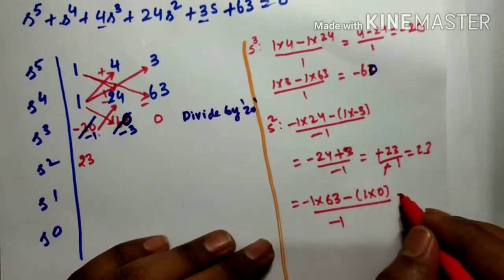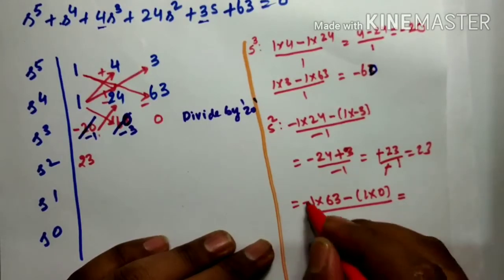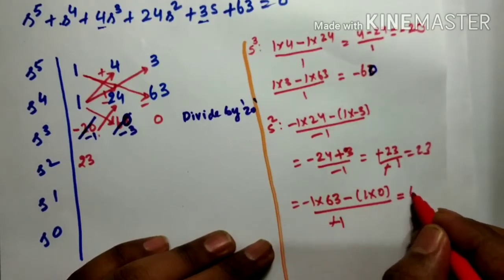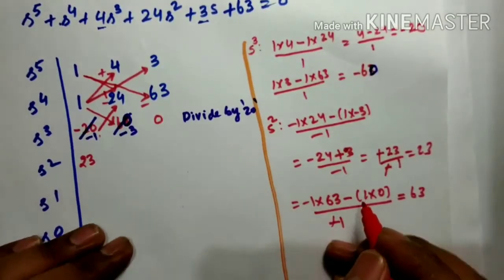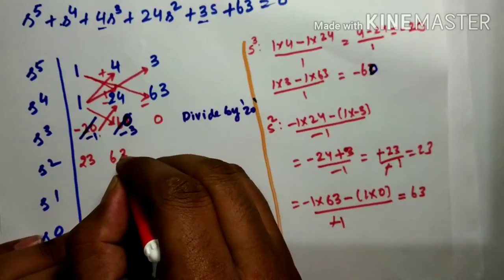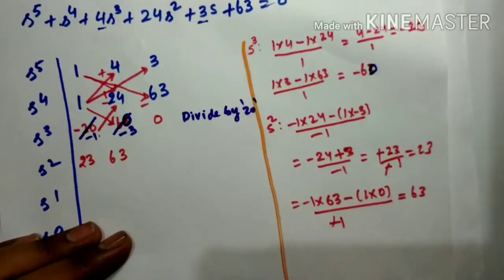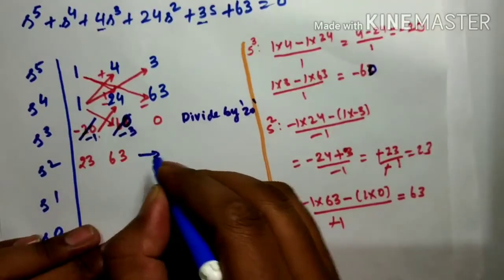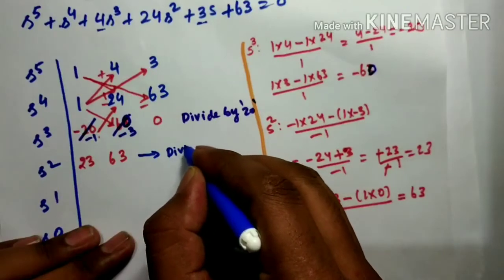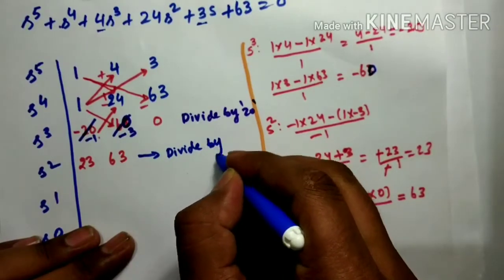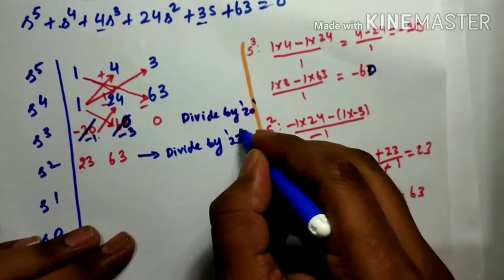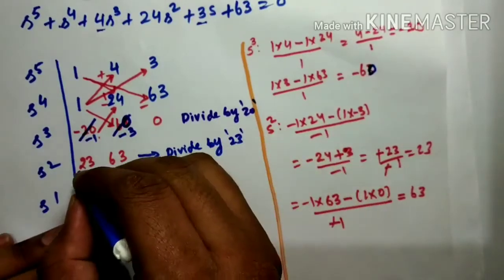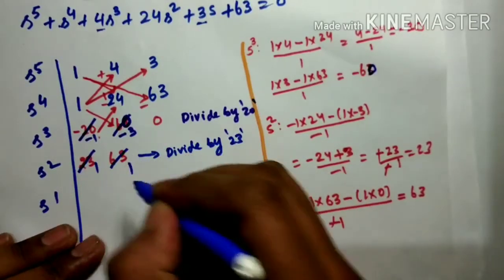How much will you get? The minus gets cancelled, this becomes 0, so you will get 63. So this one is 63, and this row you can divide by 23. When you divide by 23, you will get 1 and you will get 1 here.